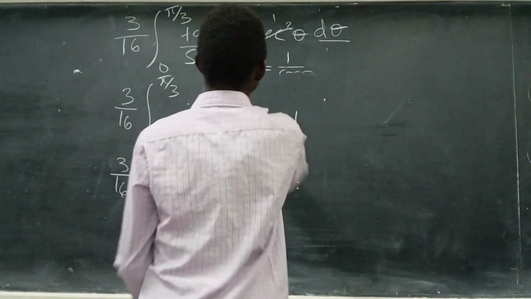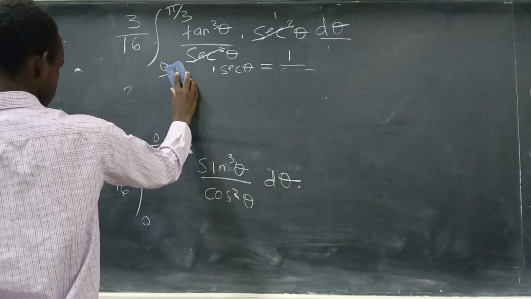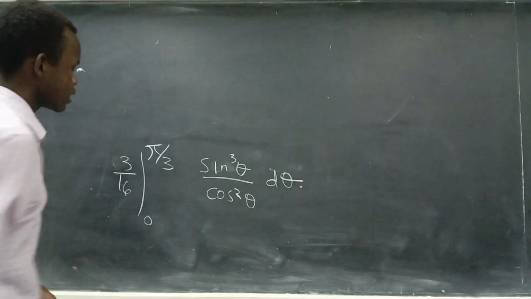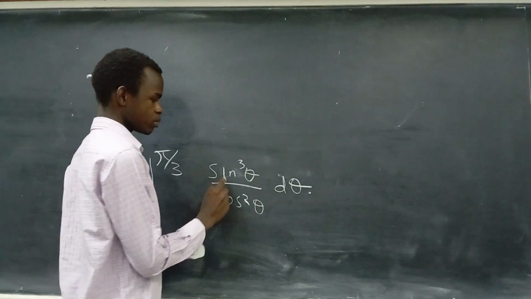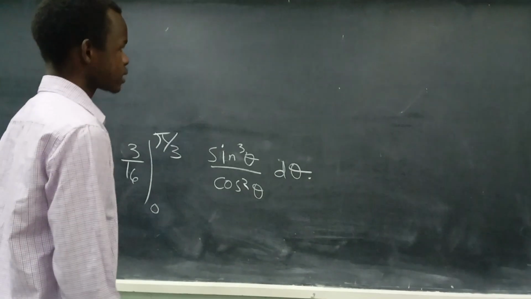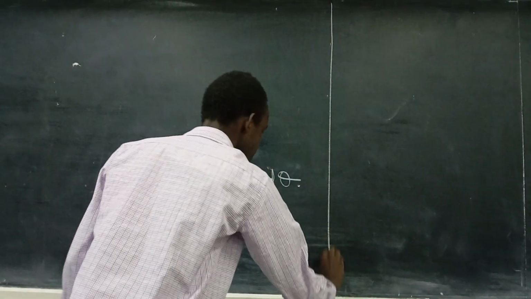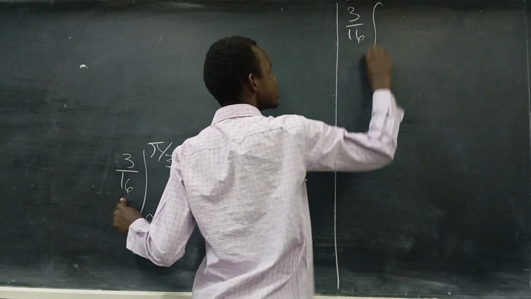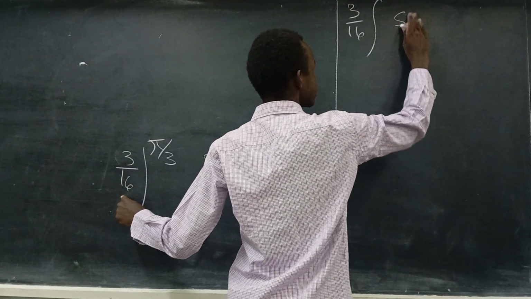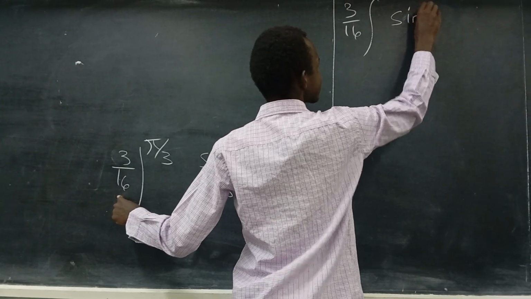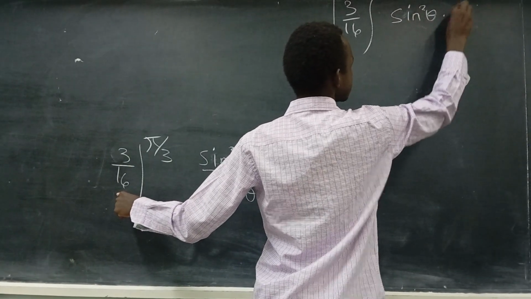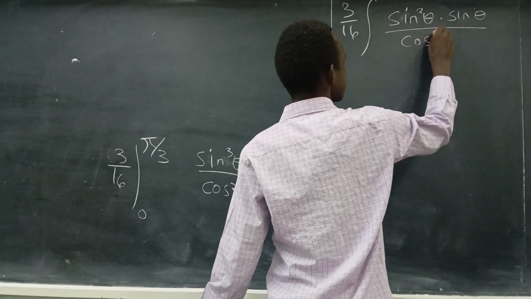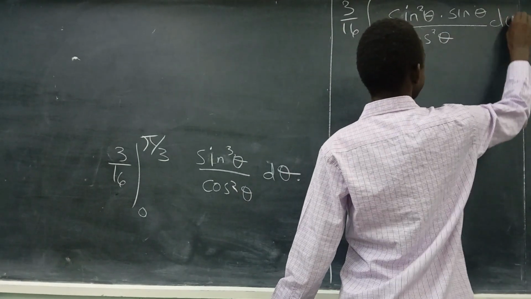So from there, again, I'll split this integral as 3 over 16, the integral of sine squared of theta multiplied by sine of theta divided by cos squared of theta d theta.